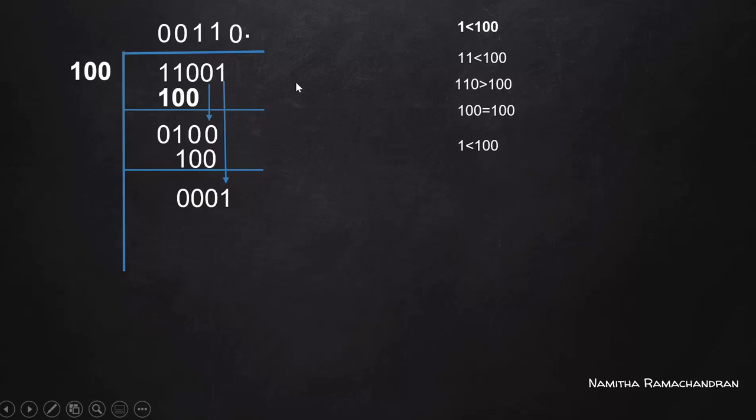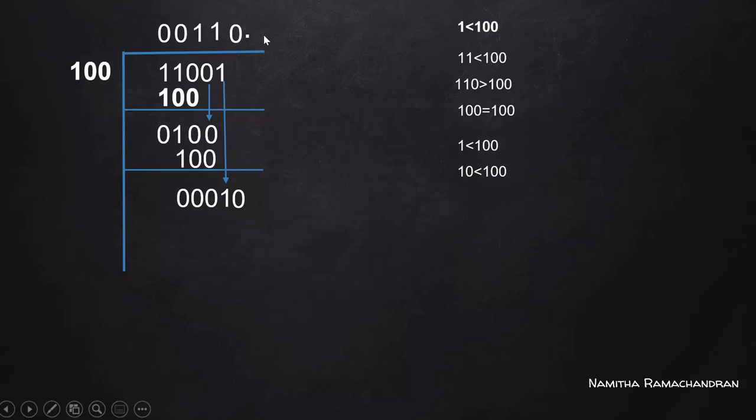Then combine a 0 with the remainder. Now it forms 10. 10 in binary means 2. Right? But 2 is less than our divisor. The divisor is actually 100, which means 4. 2 is less than 4. Right? So we can't divide this 2 using this 4.